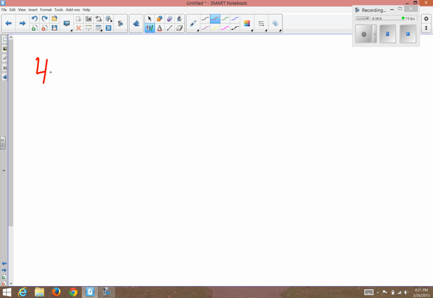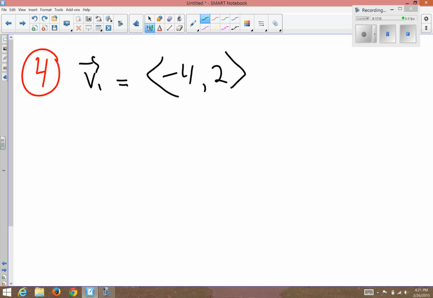Example 4. Vector 1 equals negative 4 comma 2. Vector 2 equals 7, 3.